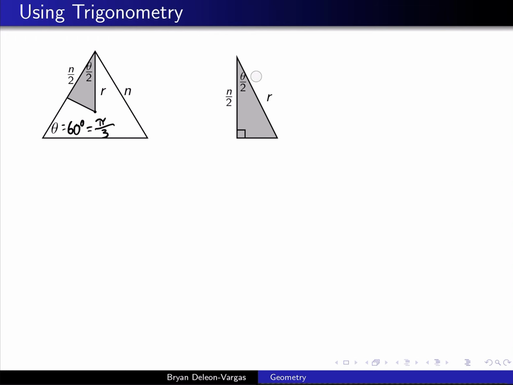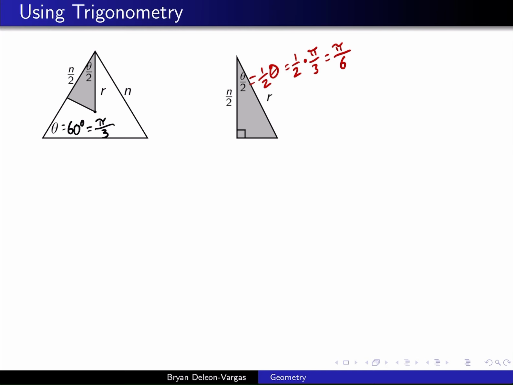I'm going to rewrite this as 1 over 2 times theta, which is equal to 1 over 2 times pi over 3, which is equal to pi over 6.